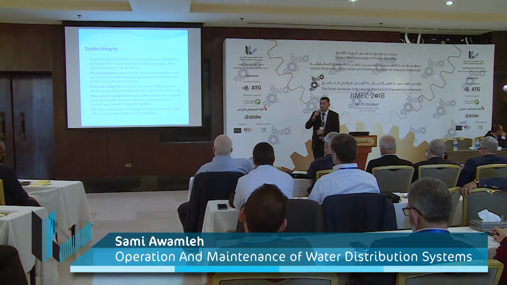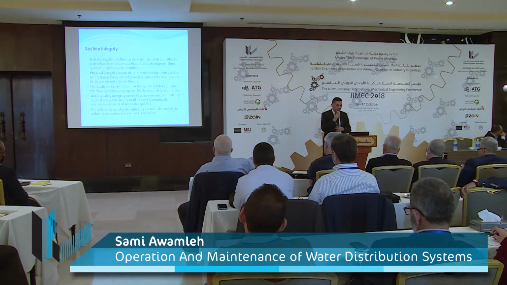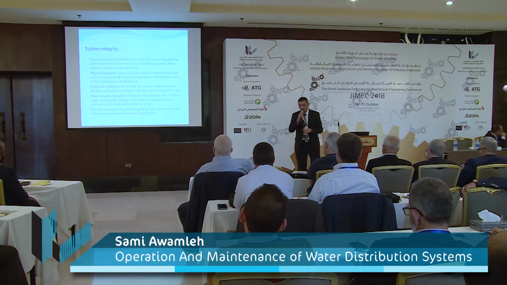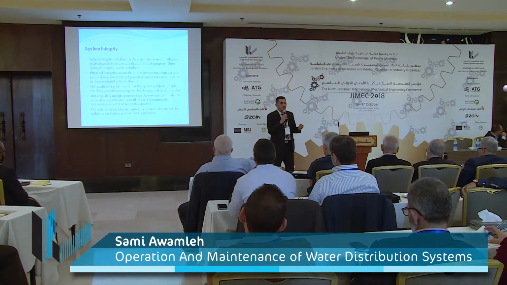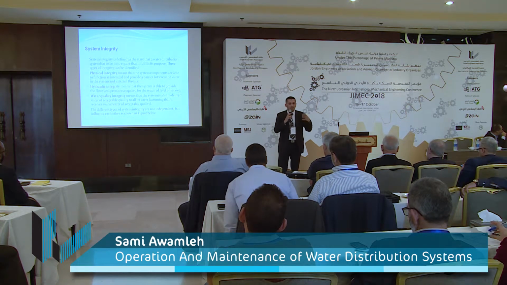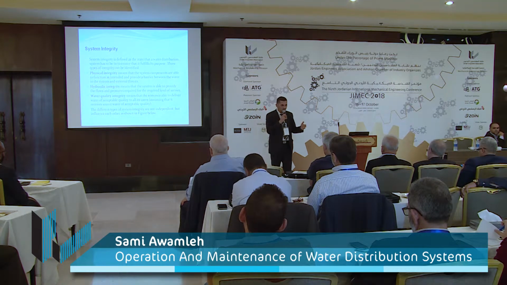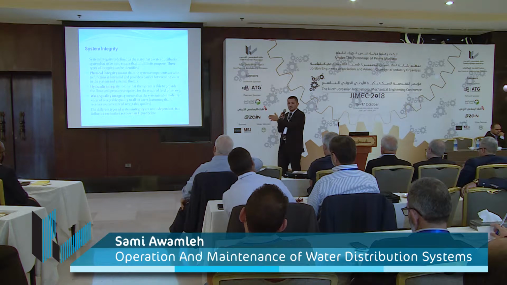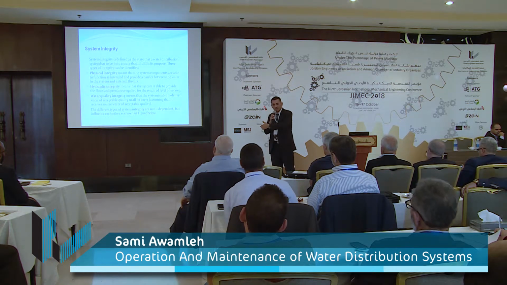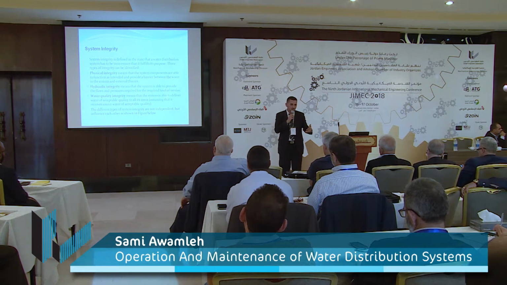System integrity. There are three types of system integrity, and they are essential to keep the system in good condition. The first one is physical integrity. It means, for example, the pipes and the network that act as barriers between the water and external threats.